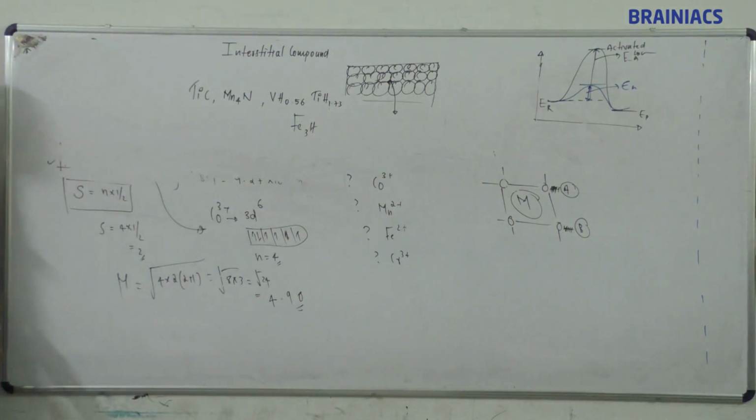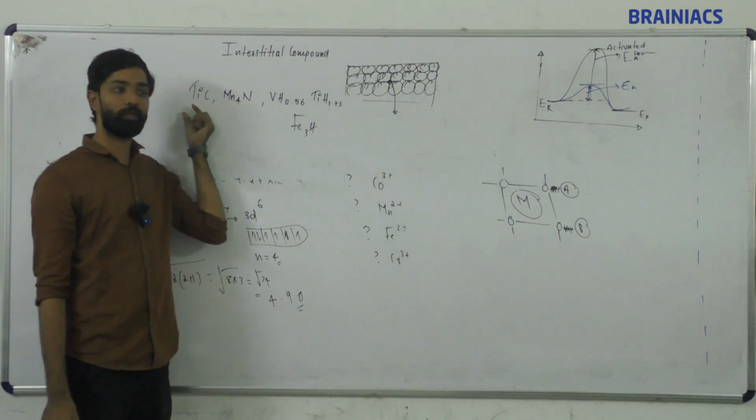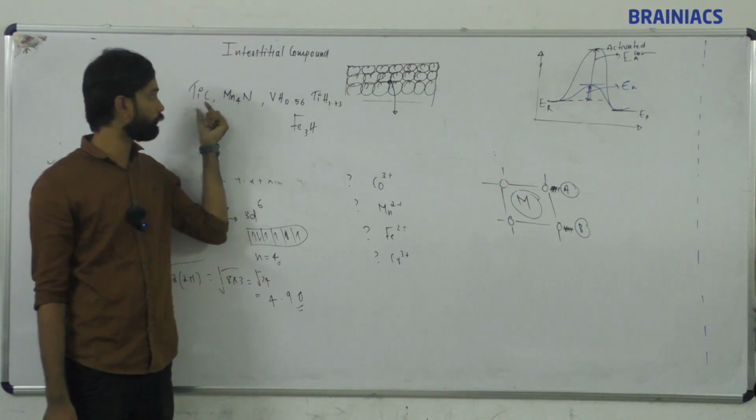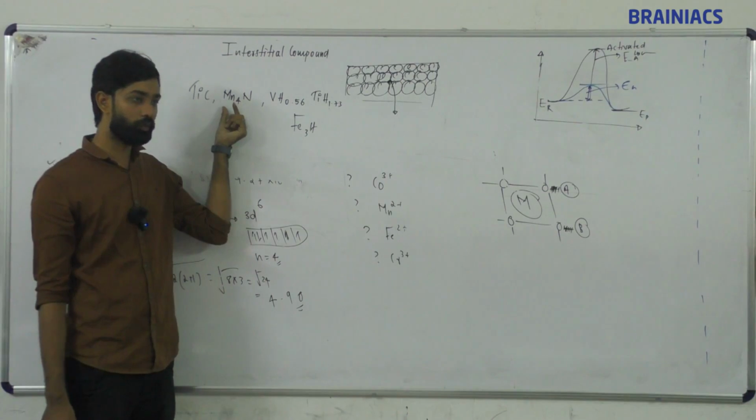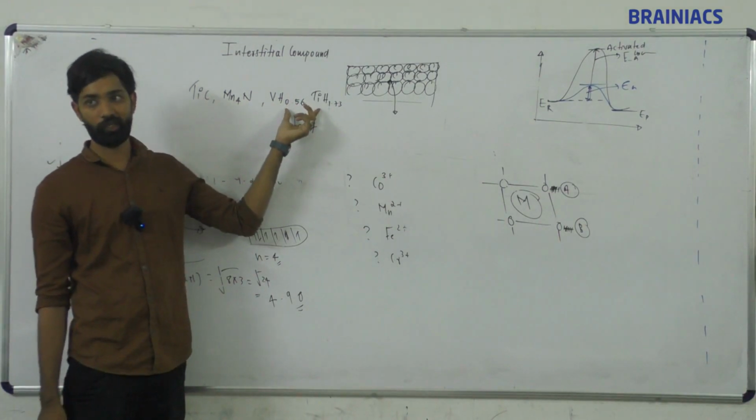Okay, these all are interstitial compounds where carbon is trapped in the interstitial site of titanium, nitrogen trapped in the interstitial site of manganese, hydrogen in vanadium. These all are known as interstitial hydrides.